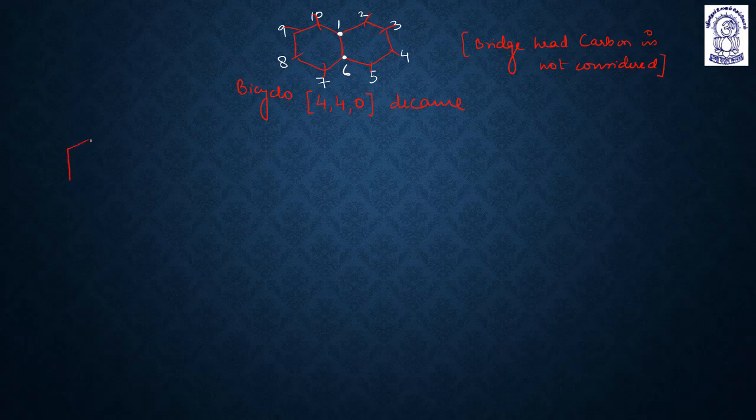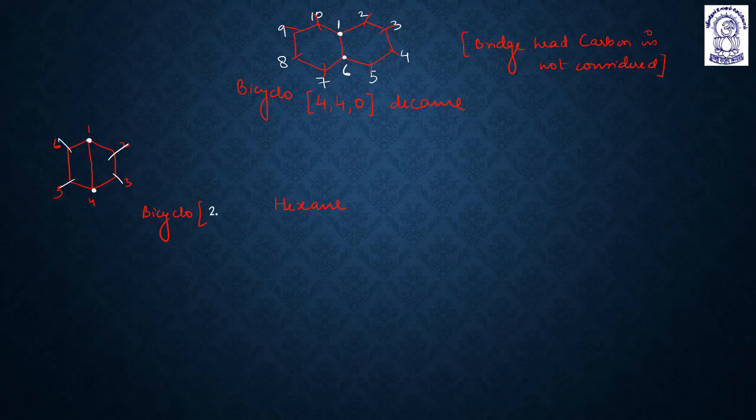Other examples are: 1, 2, 3, 4, 5, 6. So it is hexane. The suffix is hexane. The prefix is bicyclo. And apart from 1 and 4, we have 1, 2 and 1, 2.